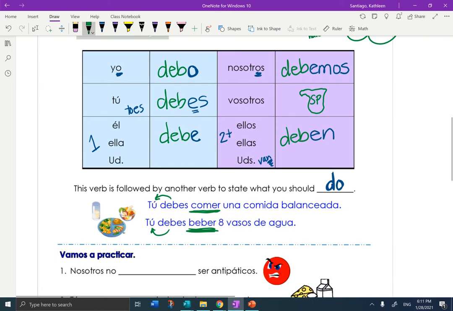When 2 verbs go walking, the first one does the talking and becomes conjugated. The second one rides along, and he is in the infinitive. Tú debes comer una comida balanceada. Tú debes beber 8 vasos de agua.